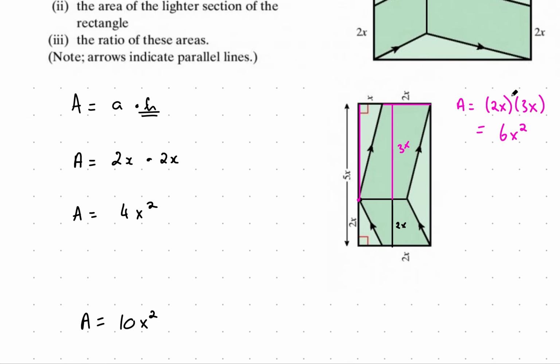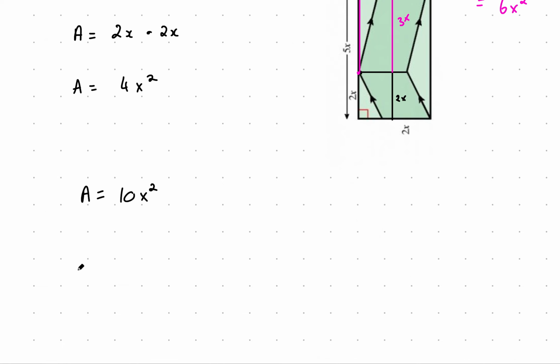If I work that out then, so I'm going to do area, and I'm going to put a little subscript here for rectangle. So area of the rectangle is equal to, what did we say, 3x multiplied by 5x. 3x by 5x is 15x squared. And what we said then is we would just subtract away our area of our parallelogram.